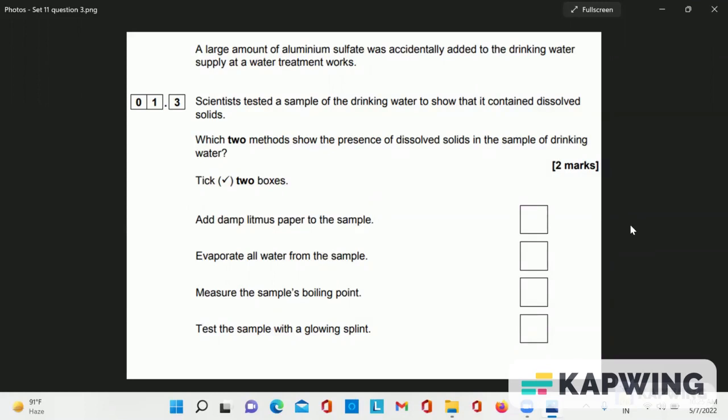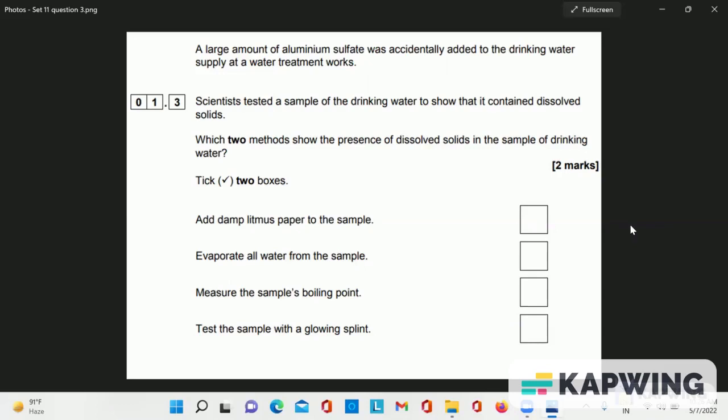Here we have to tick two boxes, and the marks for this question is 2. Let's read the options first. The first option is add damp litmus paper to the sample. Next is evaporate all water from the sample. Third option, measure the sample's boiling point. And my fourth and final option is test the sample with a glowing splint.